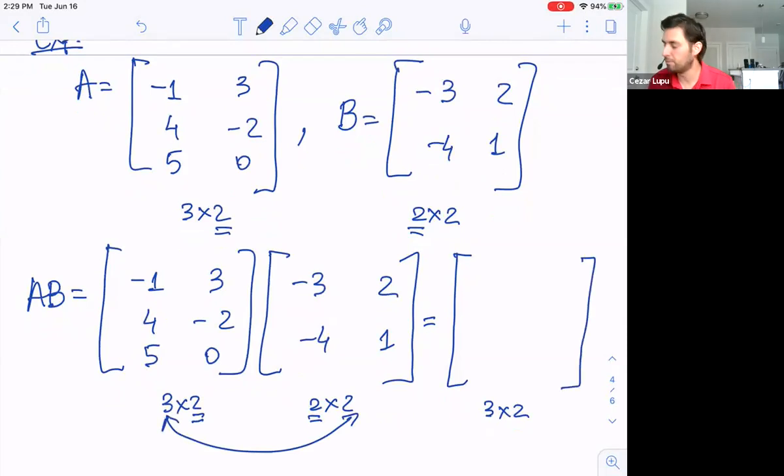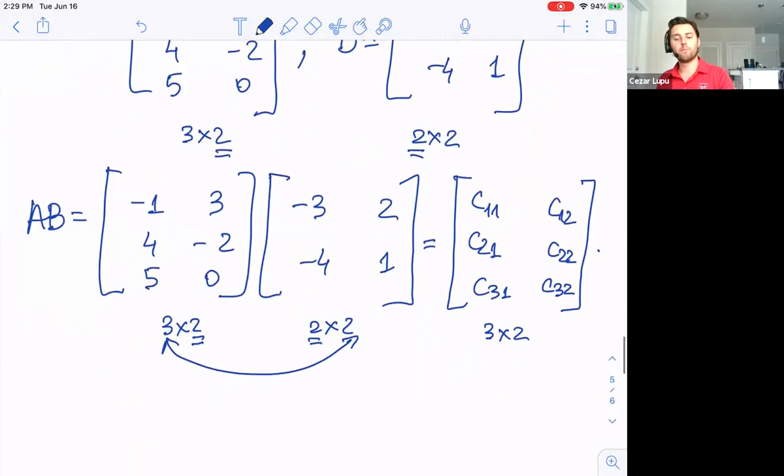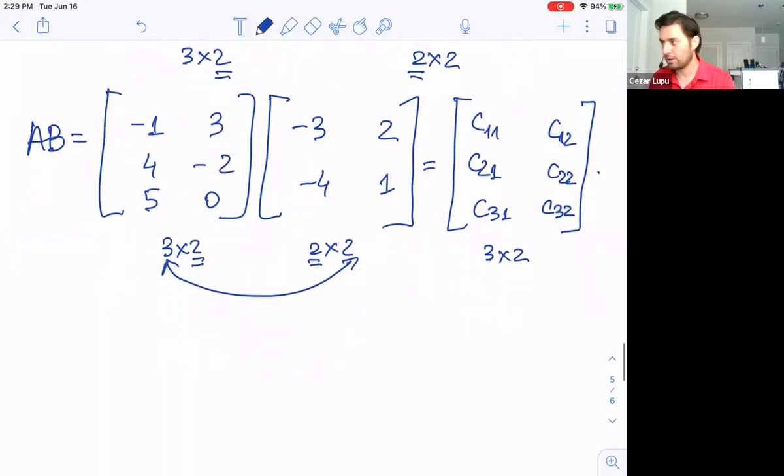So let's write them like this: C11, C12, C21, C22, C31, C32. And now the only thing we need to do is just to compute these numbers. So let me do a couple of them. For example, C11. C11 says the following. That's why I denoted it like this.